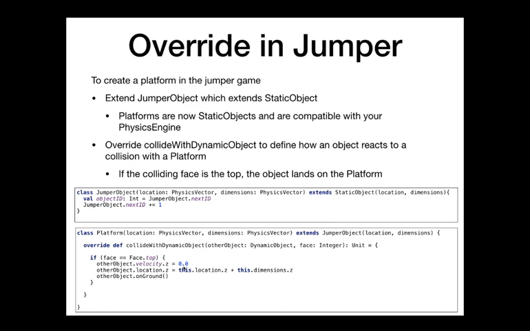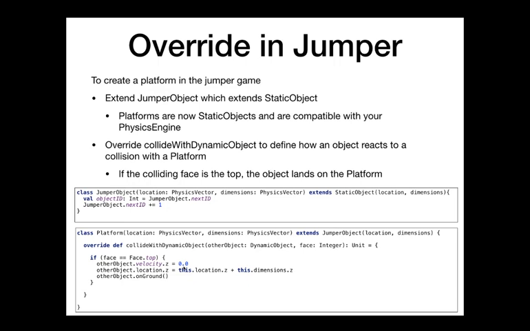So I'm going to check which face was collided with, and if this player is coming down and hitting the top of this platform, we don't want it to clip through the platform, so move the player up a little bit, and set its z velocity to 0 so it stops falling. It effectively landed on that platform.